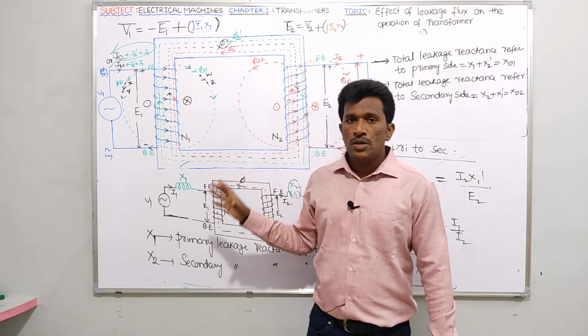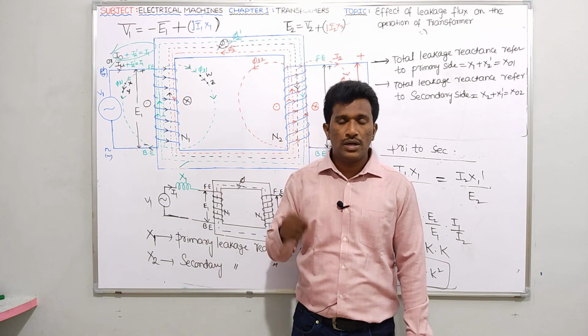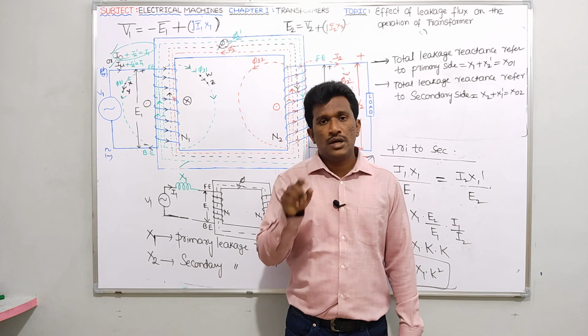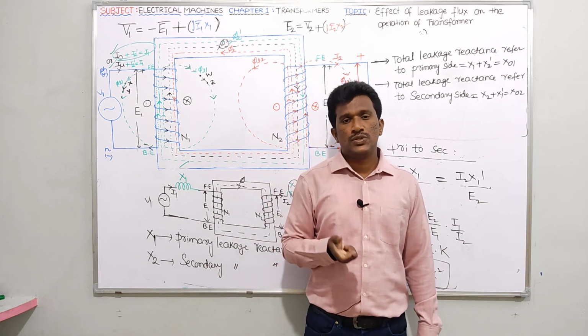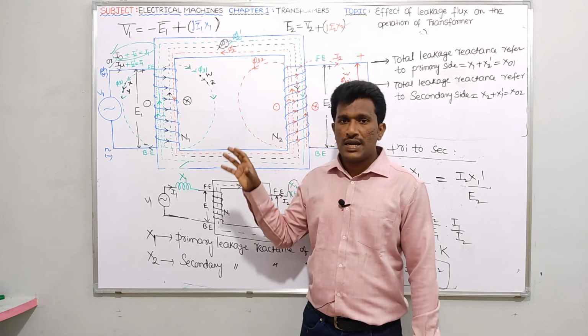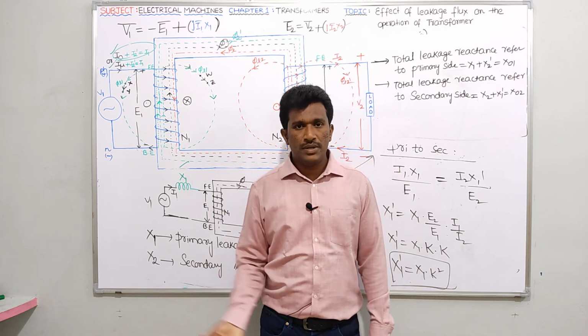What is the conclusion? In the primary side, if you want to compensate EX1, I should connect one leakage reactance. What is that? X1. I call that X1 a fictitious or imaginary reactance. I had given a name for that X1: the primary leakage reactance. If I connect the primary leakage reactance in the primary side, that will compensate EX1.